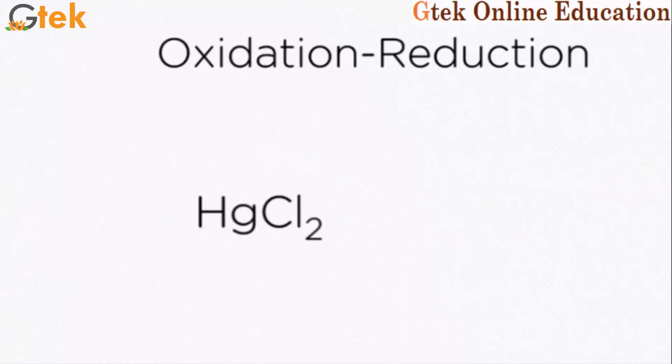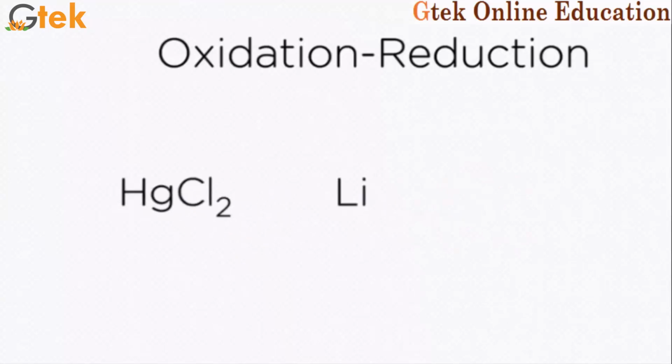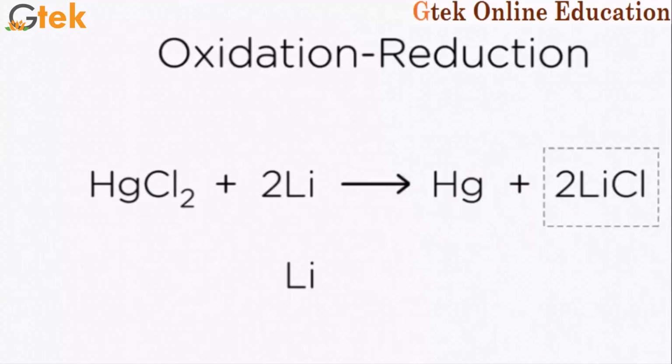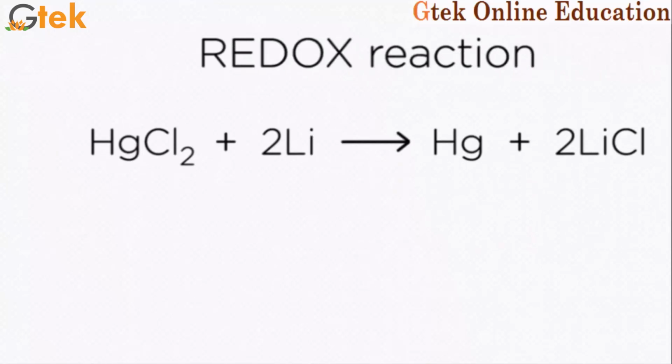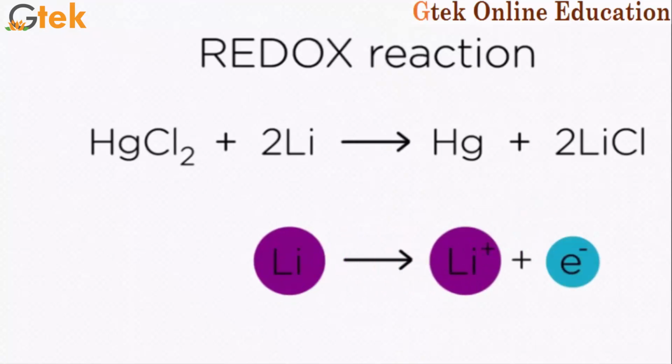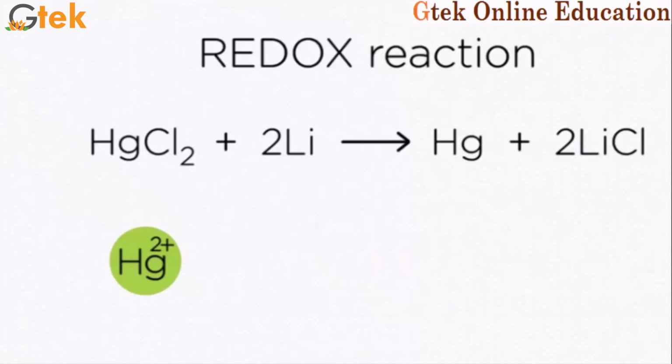So oxidation and reduction. We'll take a typical example of mercury chloride and lithium. Mercury, Hg, is less reactive when compared to lithium. So lithium becomes lithium plus. This is called a redox reaction. Over here you can see lithium becomes Li+, so lithium is considered oxidized.